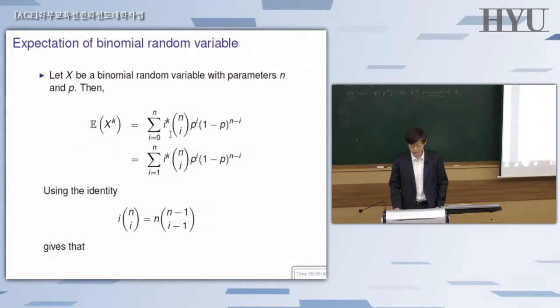How do you know that this first equality is indeed true? What is this part? n choose i times p to the i and 1 minus p to the n minus i.